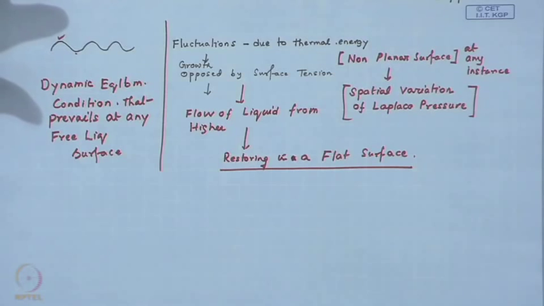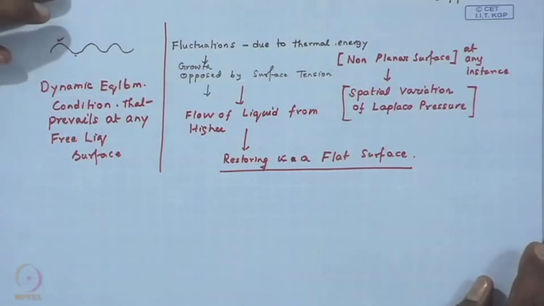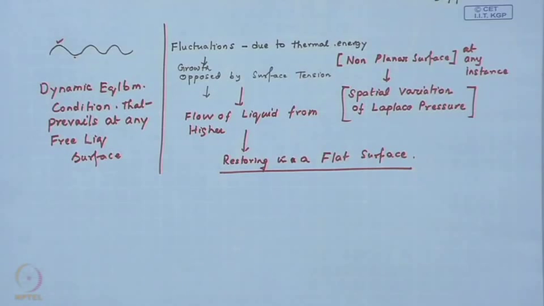And for a macroscopic body, it is extremely easy, nobody even cares about these 1 nanometer fluctuations, whether they remain or not. But now, let us focus our attention on a thin film, where all the interesting things are.